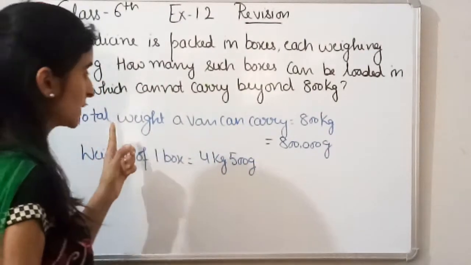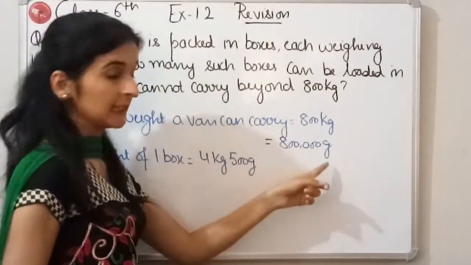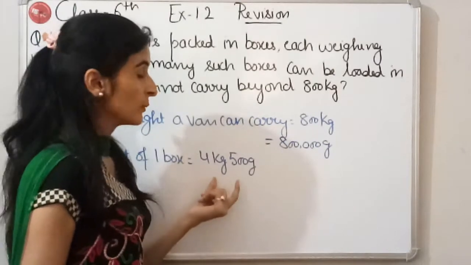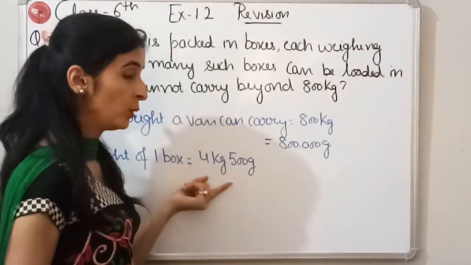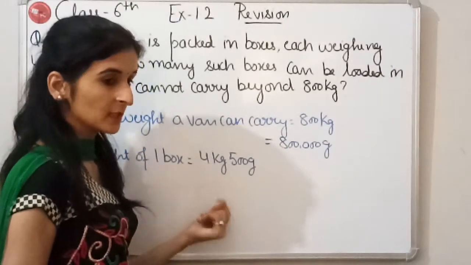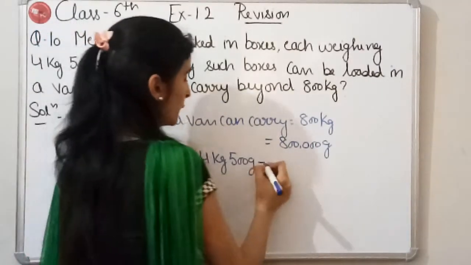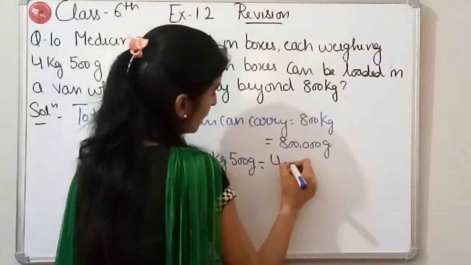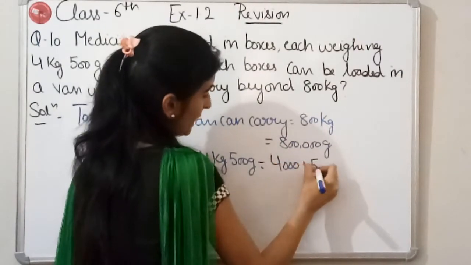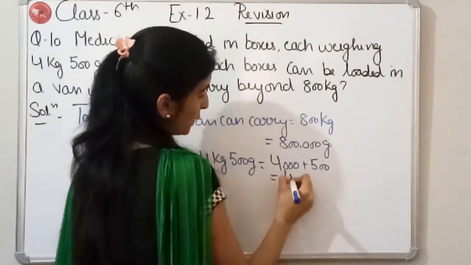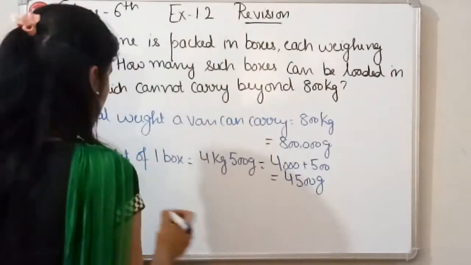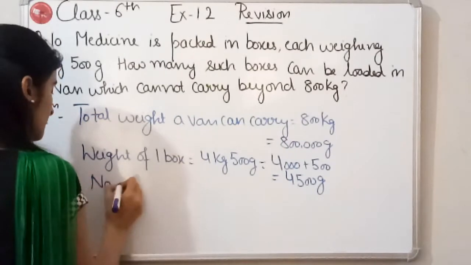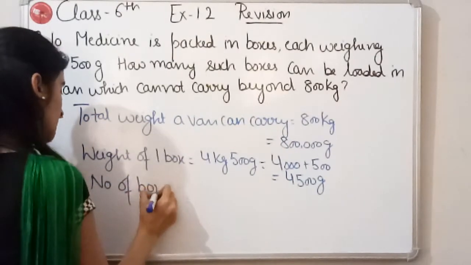Because we have the total weight a van can carry in grams, we will have to change this also into grams. So 4 kilogram is equal to 4000 gram plus 500 gram. That means 4500 grams.